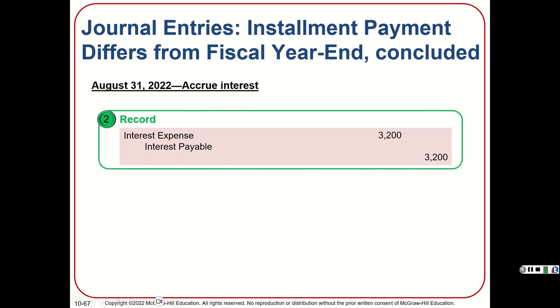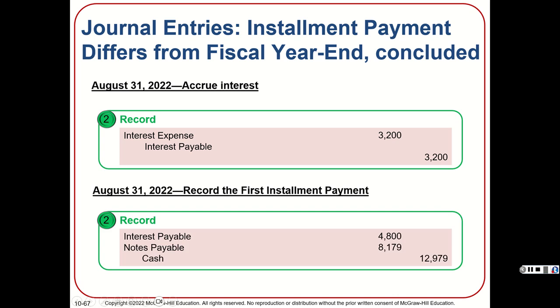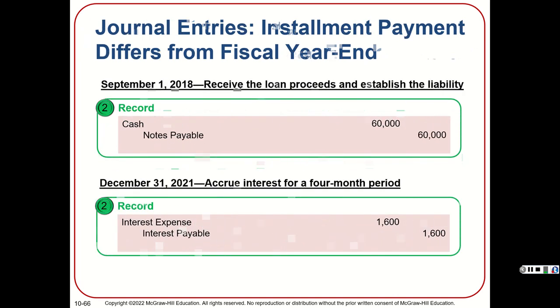On August 31st, 2022, the following year, you're going to record the interest. Let's say the interest and principal payment is only paid once a year. So that's the point of this process. So the first year, nothing was paid, only the interest was accrued.